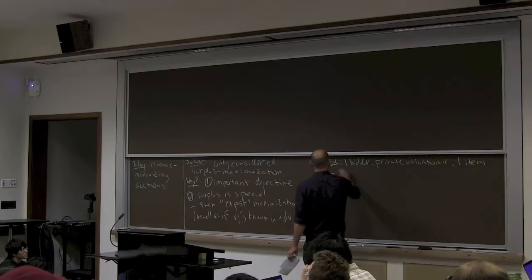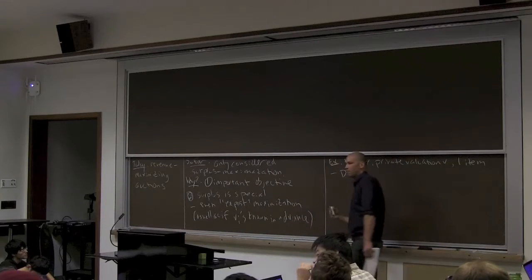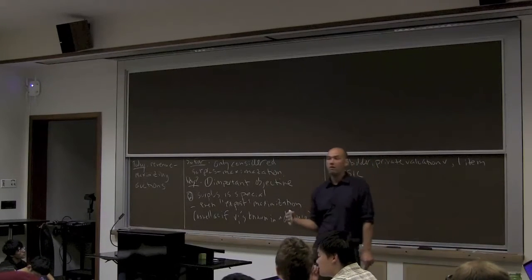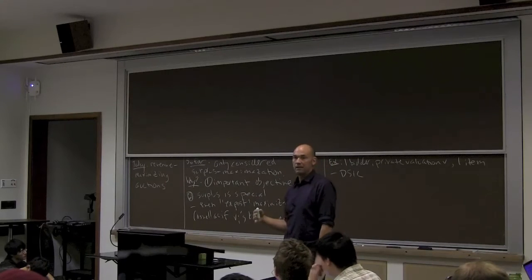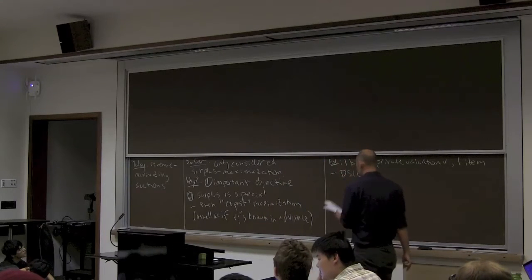Essentially, all you can do is offer that bidder a take it or leave it offer. Those are the DSIC mechanisms. These are also called posted prices.